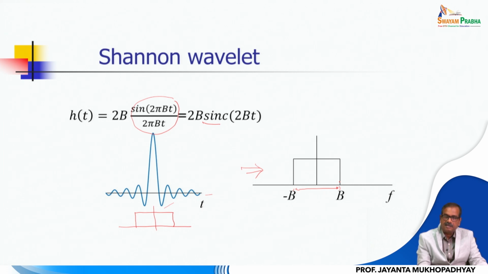So we can take the sinc function also as a wavelet function, and by varying the parameters, say here b is a parameter for example, you can get a family of wavelet basis functions.